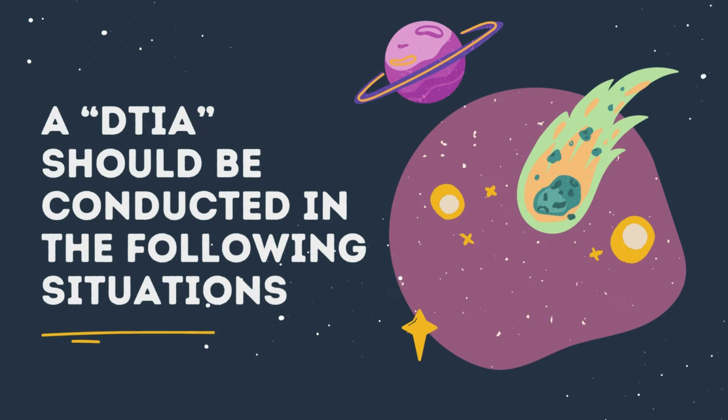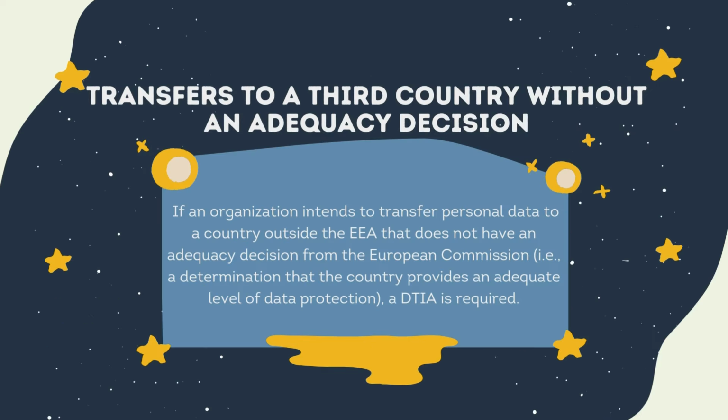Next, a DTIA should be conducted in the following situations, right? There are a couple of situations where we can conduct this DTIA. What are the two conditions or situations? The first one is transfer to a third country without an adequacy decision.